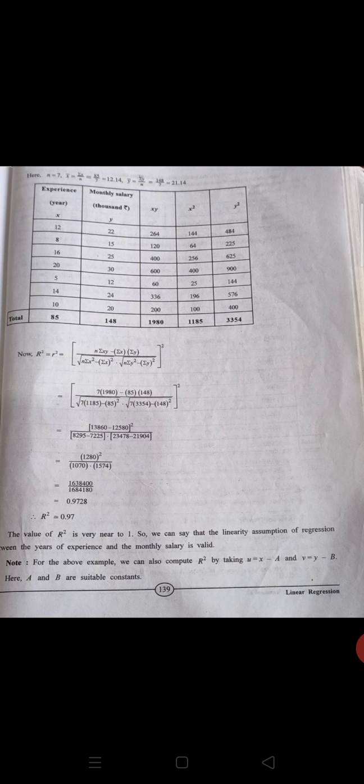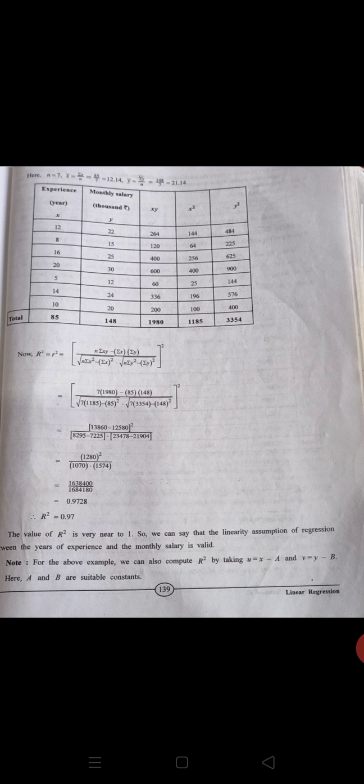So as we discussed earlier, first of all in any example, we have to find out x bar and y bar. How can we find x bar? Sigma x upon n. How can we find y bar? Sigma y upon n.